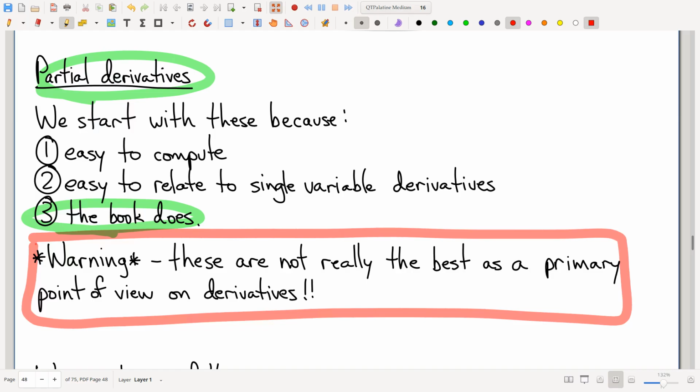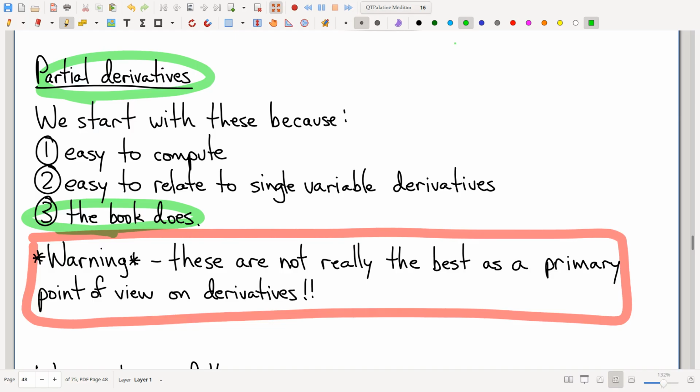I don't think they are. I think they're a fabulous tool. You can't do business without them. Absolutely. But ultimately, I think you should be thinking about derivatives in a different way. Starting with something that isn't really the best point of view leaves the risk that you'll hang your hat on the wrong concept, right? And so anyway, you've been warned.